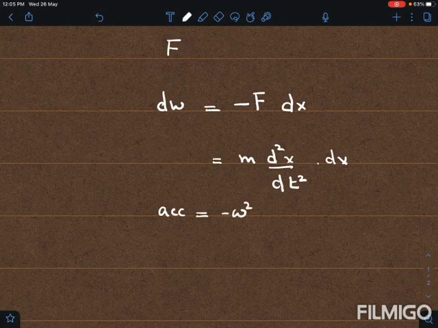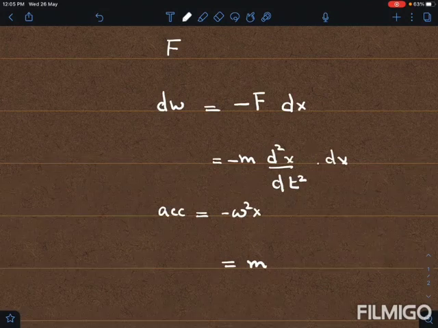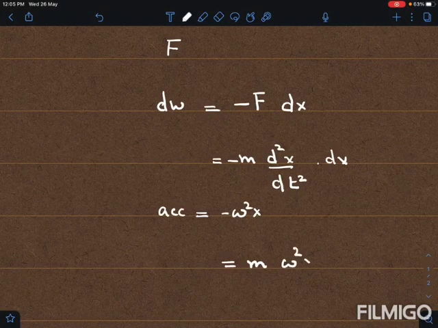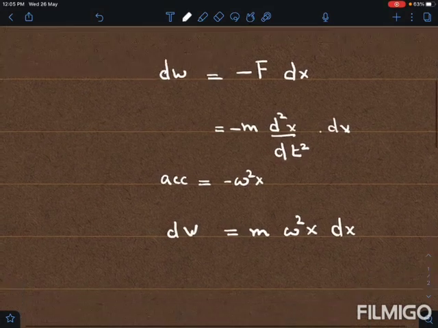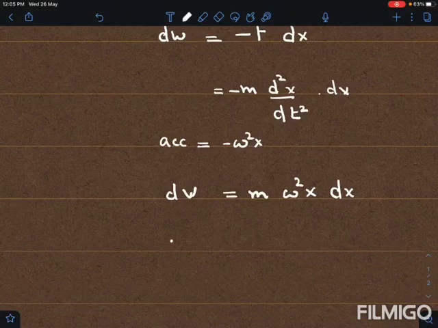So substituting for acceleration, minus and minus becomes plus, m omega square x dx. That is my dW. Therefore the total work done W will be the integral of the above equation.